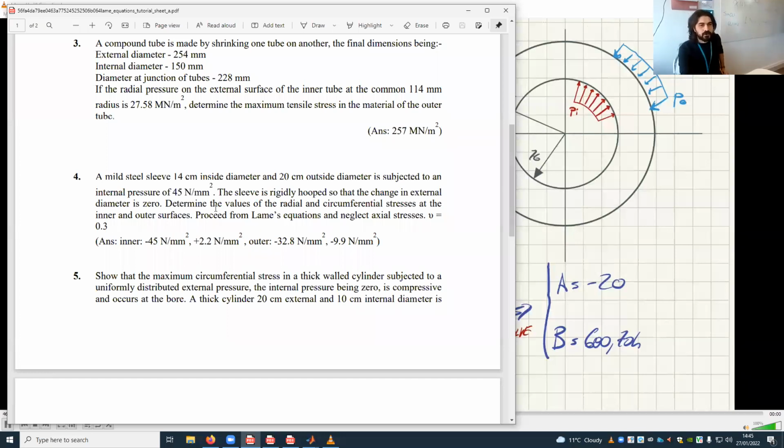So in this question 4, we have a geometry and internal pressure only, but see the sleeve, so the outside surface is hooped so that the change in external diameter is 0.